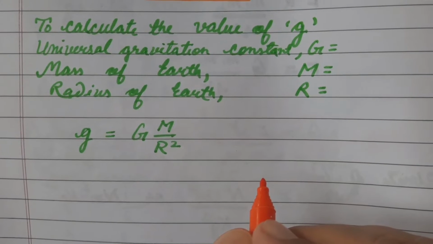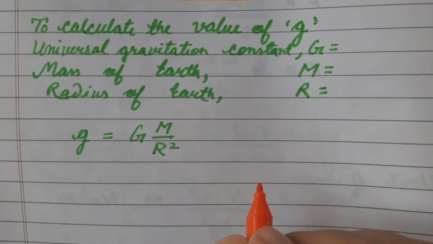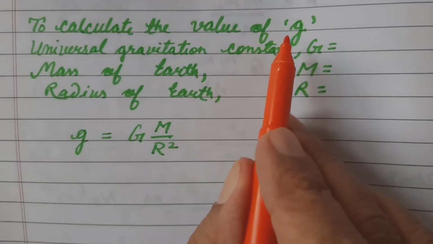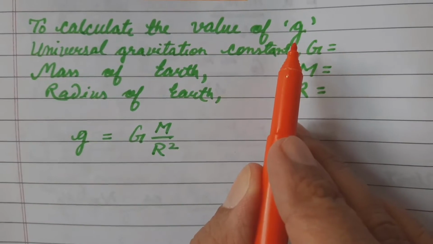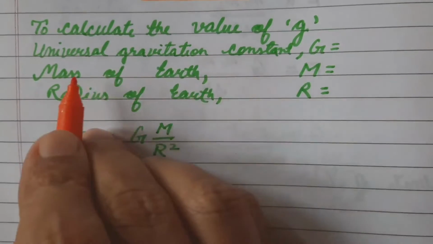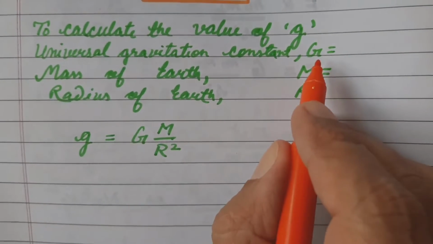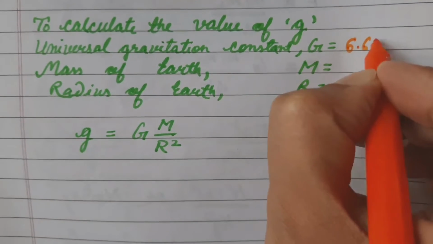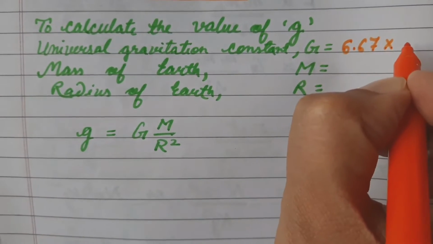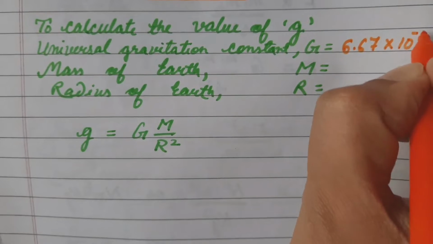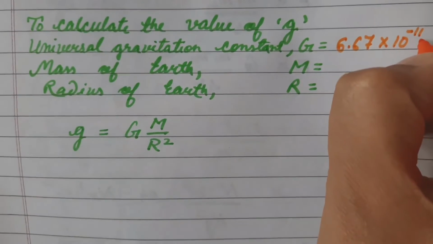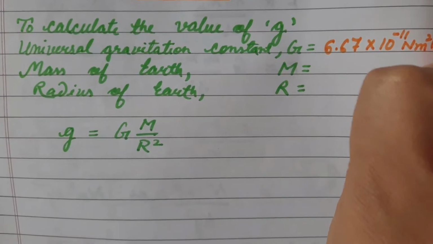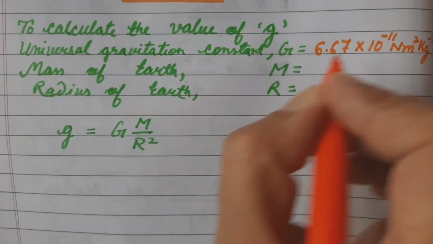Welcome to physics class. In today's video, we are going to understand the calculation of the value of small g, that is, acceleration due to gravity. Universal gravitational constant, represented by capital G, has a value of 6.67 into 10 raised to power minus 11 Newton meter square kilogram inverse square.